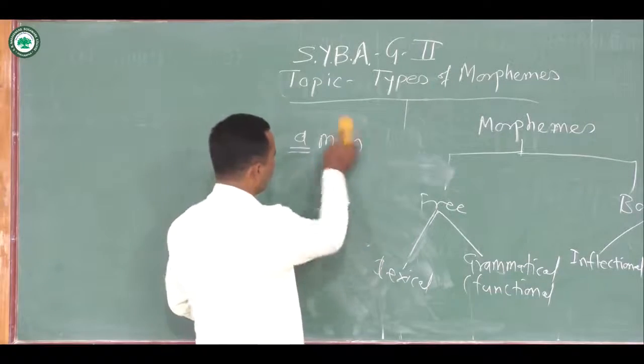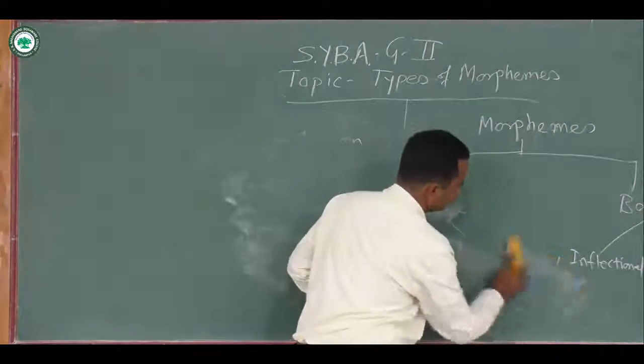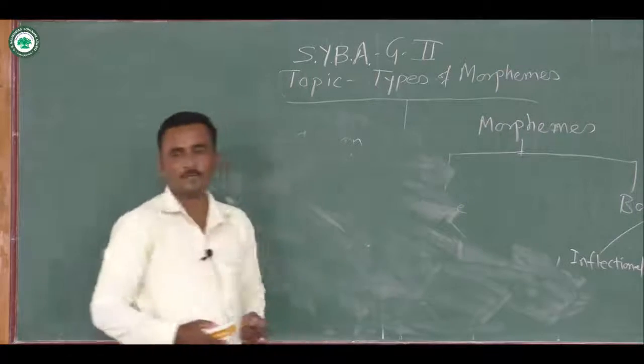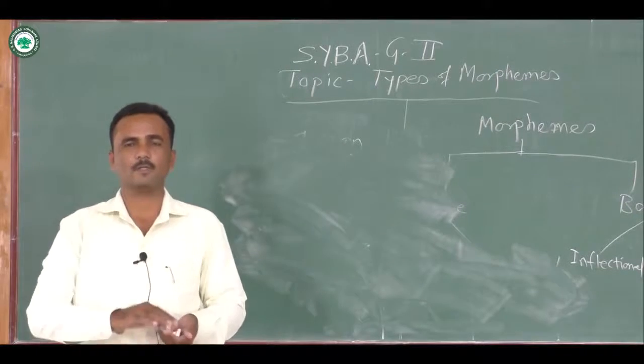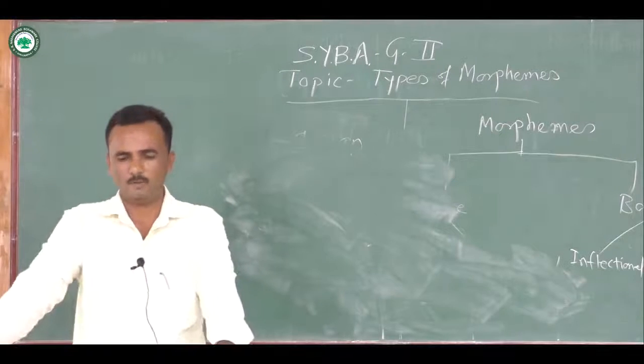So in bound morphemes, inflectional morphemes and derivational morphemes are two types or two categories of bound morphemes.